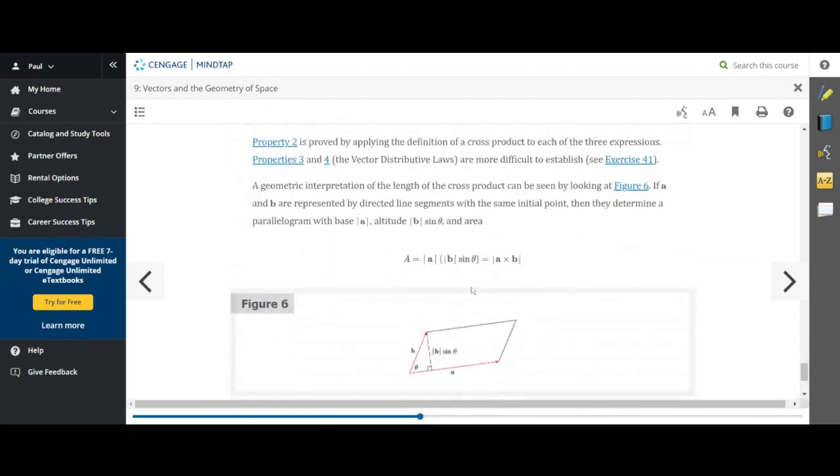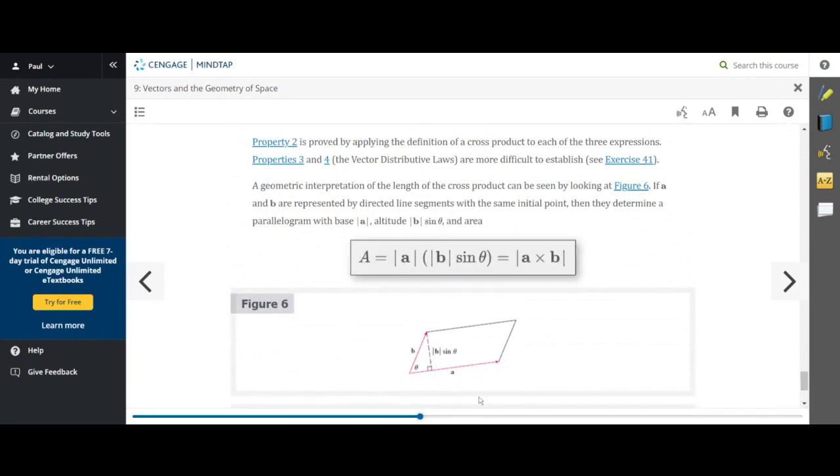Now something else that's important, that we'll need to use later on when we get to surface area: you can find the area of a parallelogram if the parallelogram is bordered on the sides by a vector A and a vector B. The area of the parallelogram is equal to the length of the cross product of A and B. The way you can think about it is, they have a picture there.